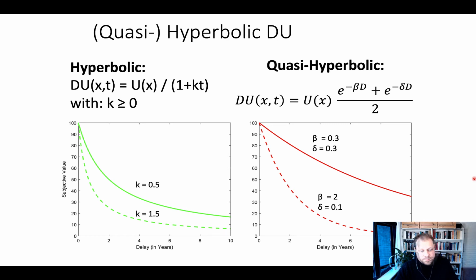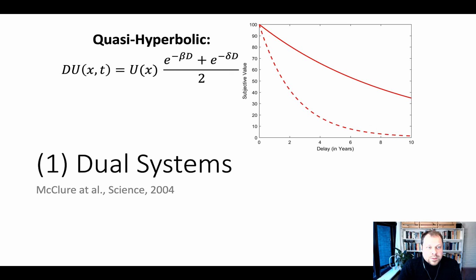One of the first studies that looked into the neural correlates of intertemporal decision making was a study by McClure et al. that was published in Science in 2004. And they based their experimental design on this quasi-hyperbolic model. So they basically assumed that there were two systems in the brain.